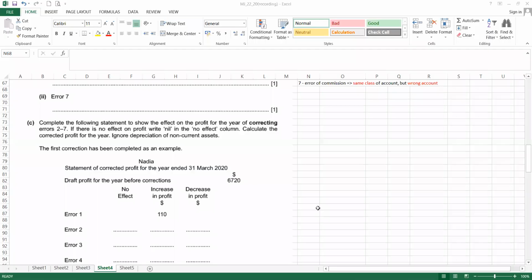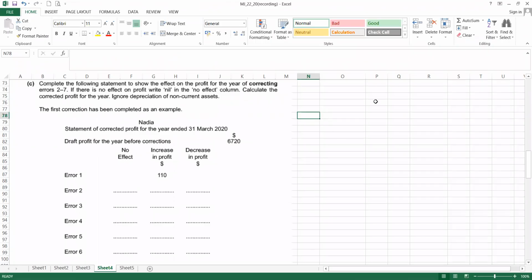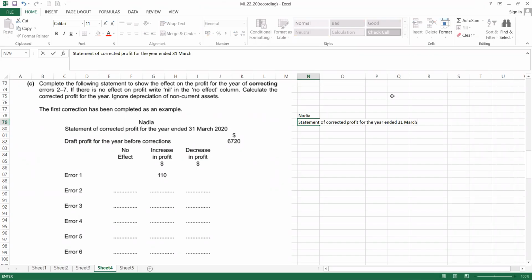So let's see. We take in the adjustments one by one. Okay, let me copy the format first. Nadia, statement of corrected profit for the year ended 31st March 2020. Okay, and then here is the draft profit for the year before correction.